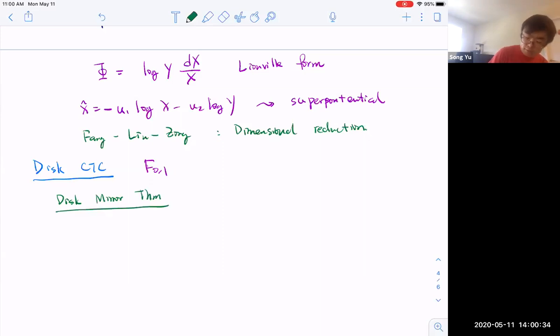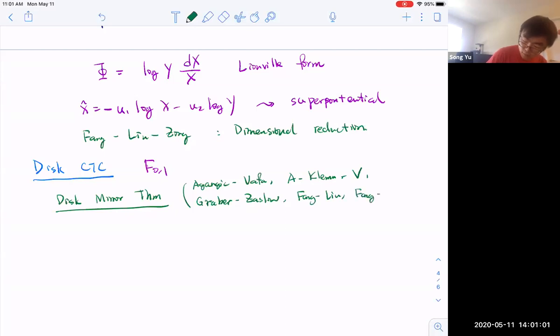This was first conjectured in physics by Aganagic and Vafa, and also Aganagic, Klemm, Mariño, and Vafa, and proved first in the case of K P2 by Graber and Zaslow, and then in the general smooth case by Fang and Liu, and also in the toric orbifold case by Fang, Liu, and Zong.